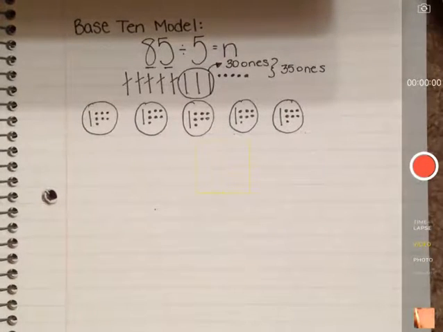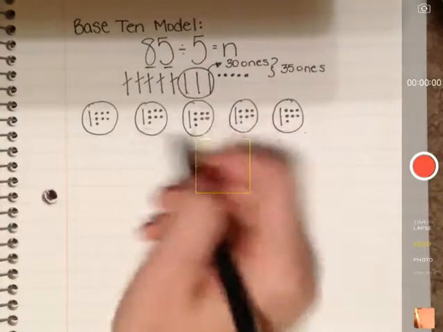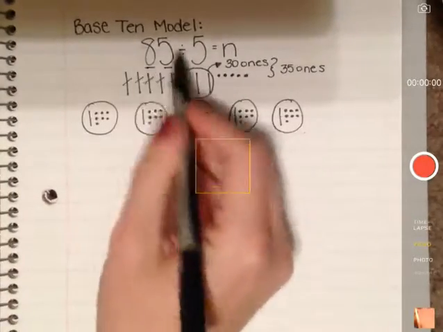After I've done that, I have now distributed all of my 85 pieces. If I counted up each of these pieces, 10, 20, 30, 40, 50, and then I counted all my ones, I would get to 85.